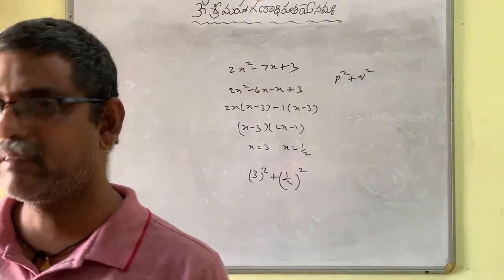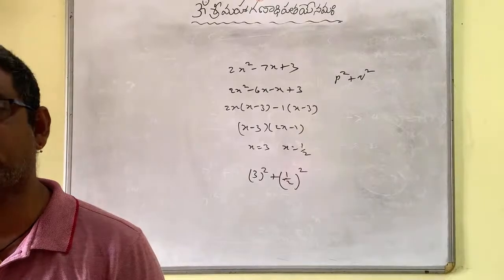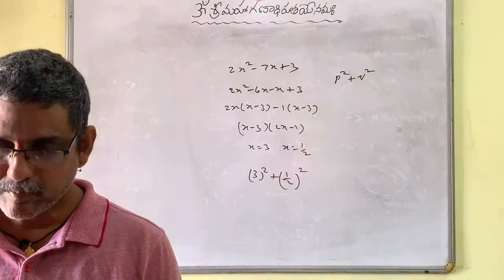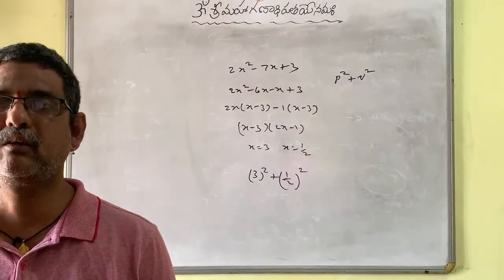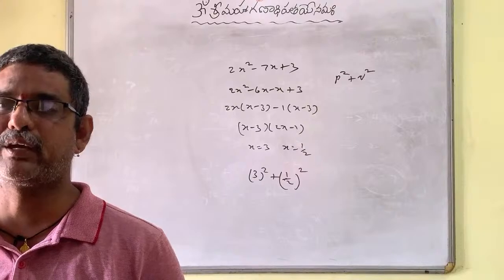Why not we simplify P square plus Q square? It is easier, your wish.